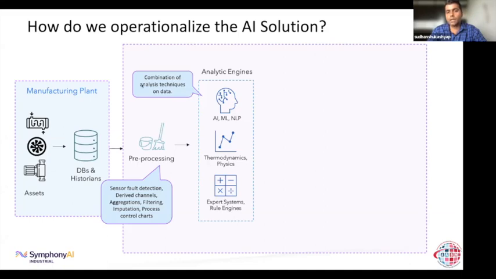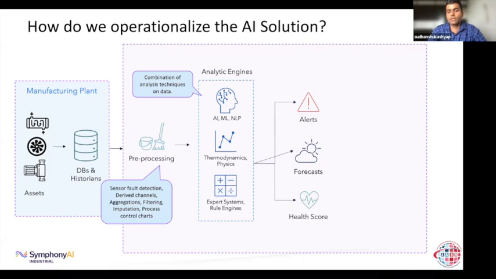analytics. And as we looked at, only AI or machine learning models are not going to work, but you need to combine them with physics, thermodynamics, as well as domain expertise and rule systems together to have a reasonable and useful solution.